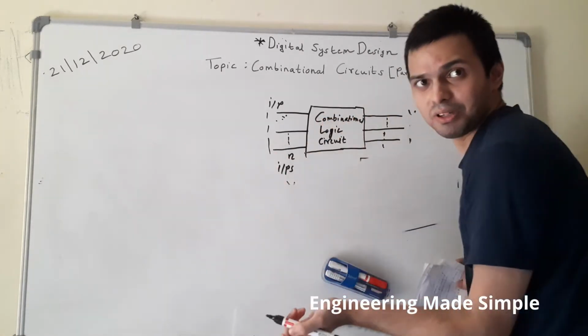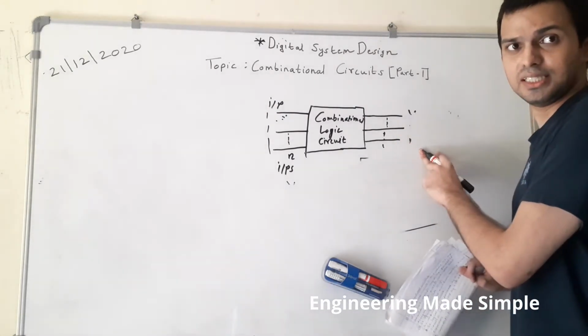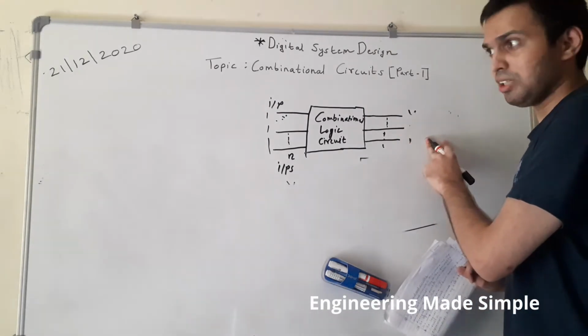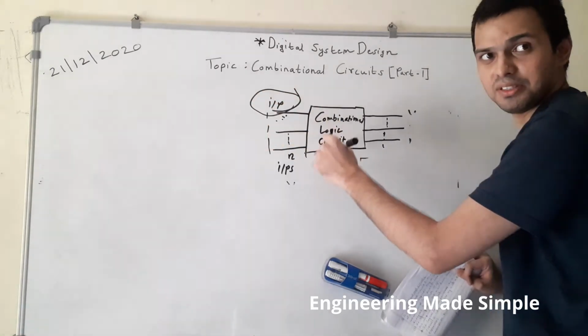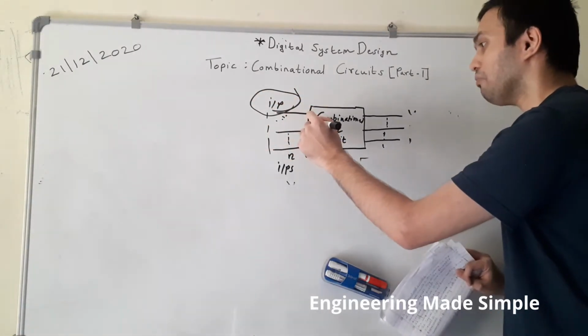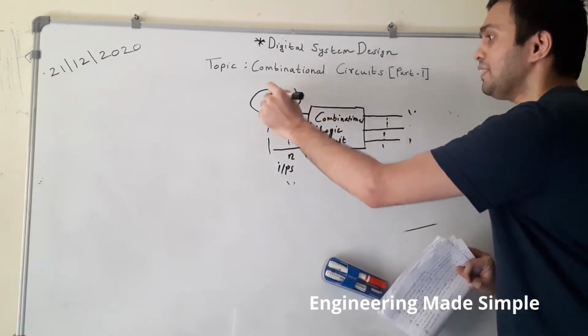From this definition, one thing is pretty clear: in combinational circuits there is no concept of memory. The system does not remember any past inputs.